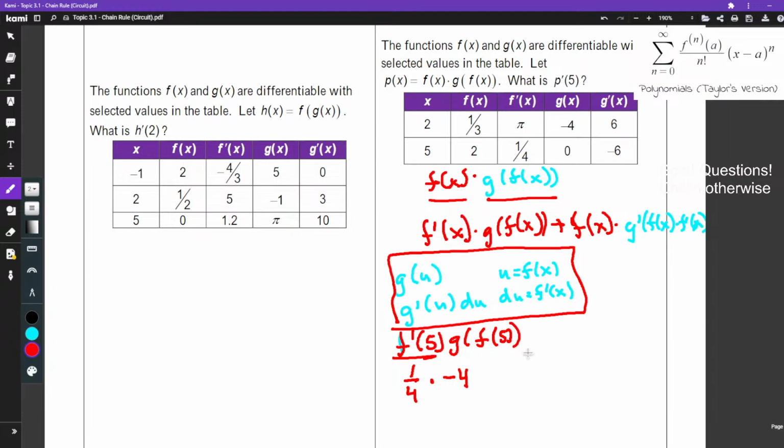Cool. And then we have to add the other side. F of 5 is 2. Then we have this monster. So g prime of f. So f of 5 is 2. G prime of 2 is 6.